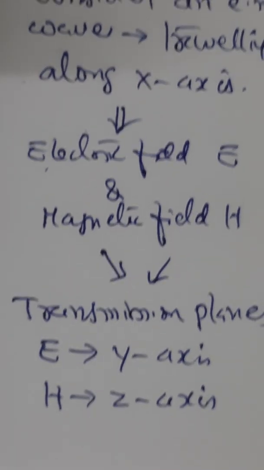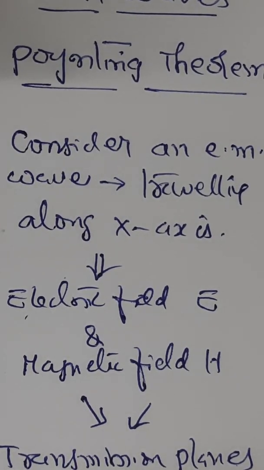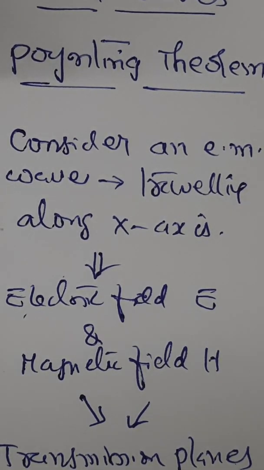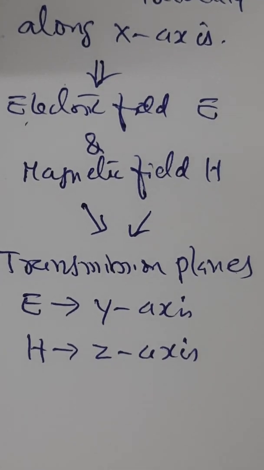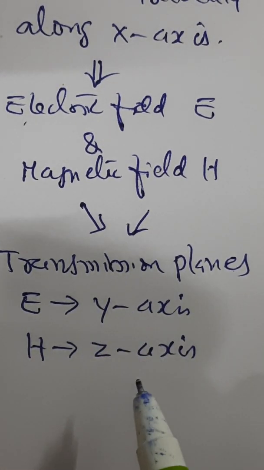So a three-dimensional plane we are taking. We are assuming the propagation of an electromagnetic wave along the x-axis. The corresponding electric field and magnetic field are confining themselves along the transmission planes y and z.